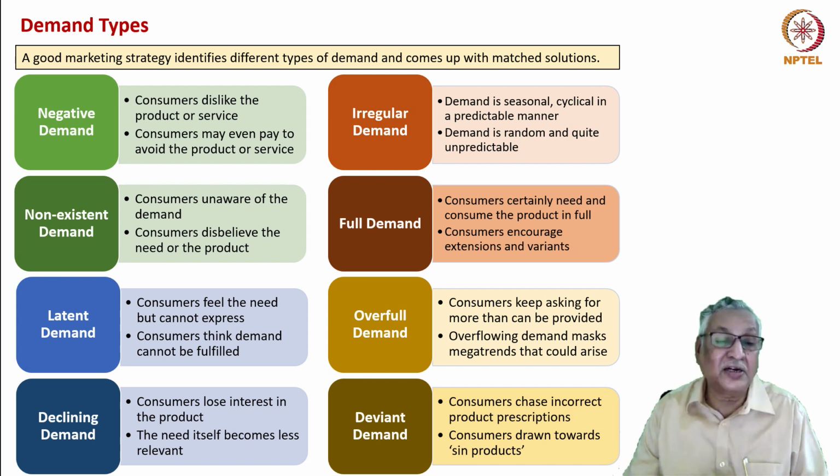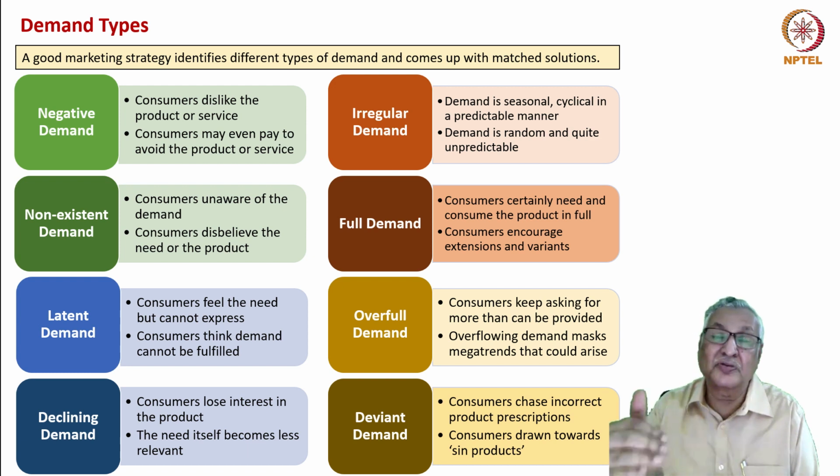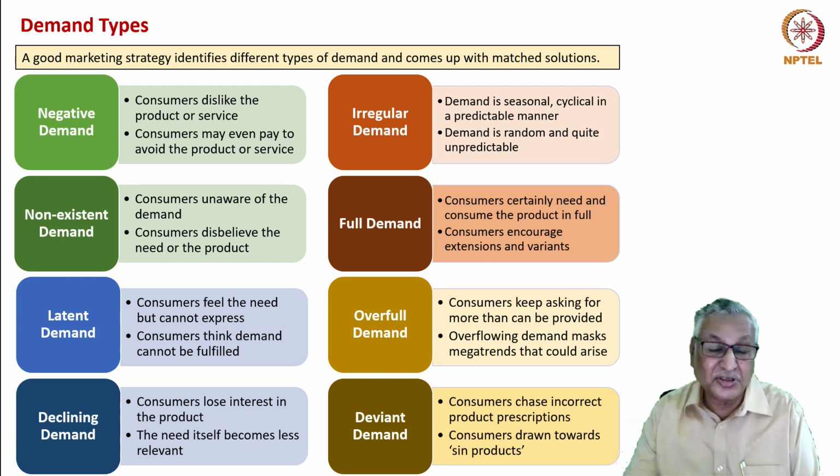The third one is the latent demand. Consumers feel the need but cannot express it. Consumers think demand cannot be fulfilled. For example, looking at the operating system, we give several instructions in terms of the drop down bars, in terms of the selection of the required instruction, and finally clicking the instruction for the delivery. And many times when you do that, you wonder, why can't my thought be straight away translated through the computer to the required action?